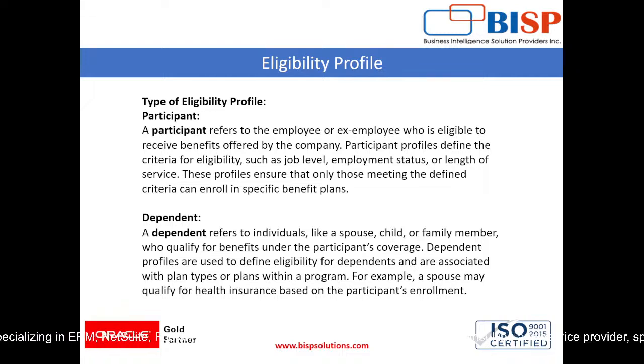Dependent profiles are used to define eligibility for dependents and are associated with plan types or plans within a program. For example, a spouse may qualify for health insurance based on the participant enrollment.